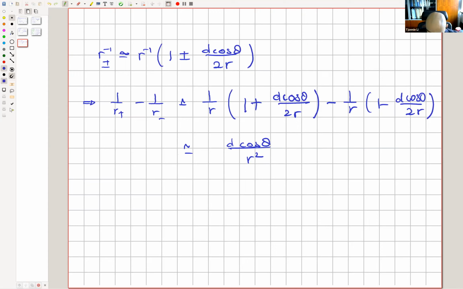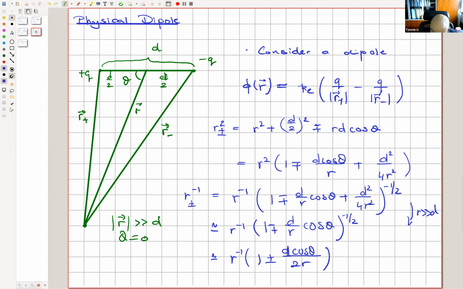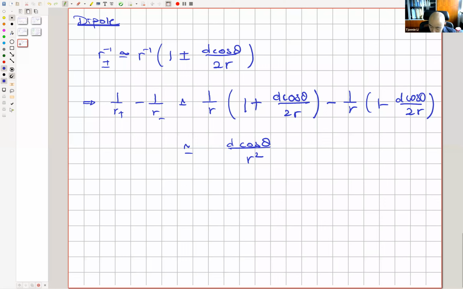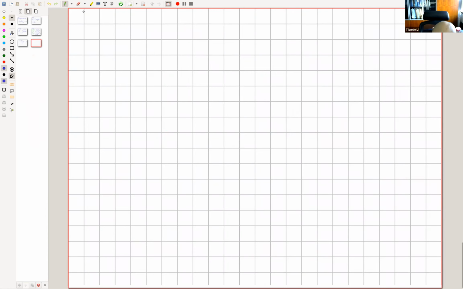So let's take a look. Okay, so this would be a dipole. And something that we then typically call a monopole is when there's just a single charge. Okay? And then, this would be something that we would consider as a dipole. You can probably already guess the trend. Right?